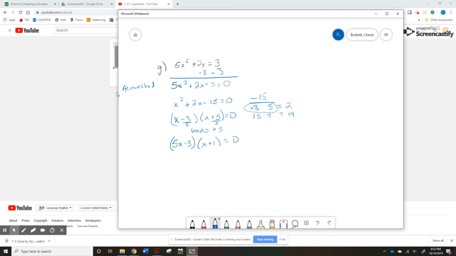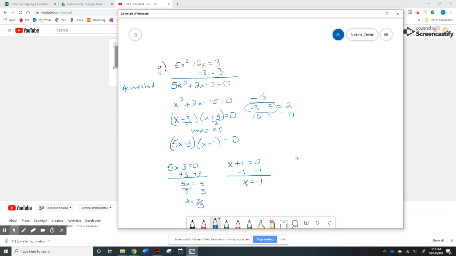Take each one of these, set that equal to 0, and solve. Divide by 5, divide by 5. x is equal to 3/5. Set this one equal to 0. Solve. So x is equal to negative 1.